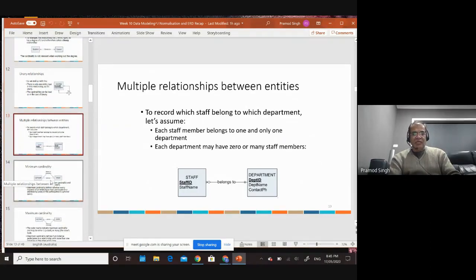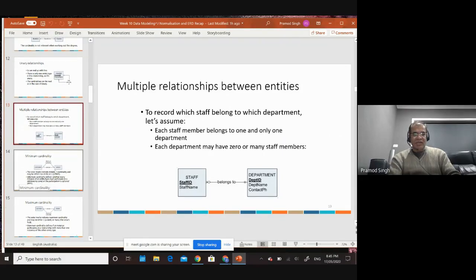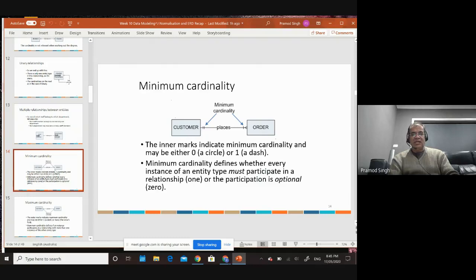That is well defined and properly discussed in the following slides. In this particular slide, you can see customer and order. These are the two entities having a relationship with each other, and two bars are shown here on the outside. These two bars are called minimum cardinality. Cardinality means there should be a minimum of one customer or a minimum of one order.